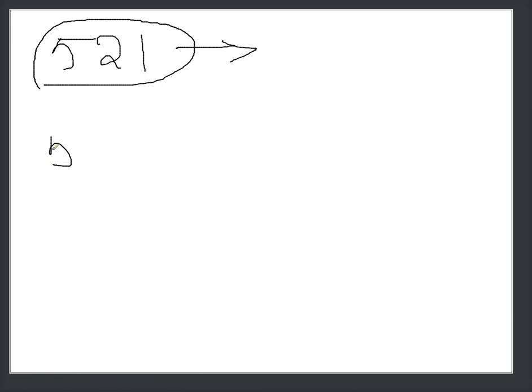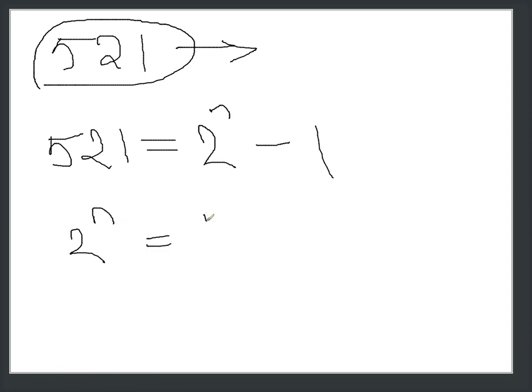I can do something like 521 equal to 2 raised to n minus 1. So it's like 2 raised to n is equal to 522.